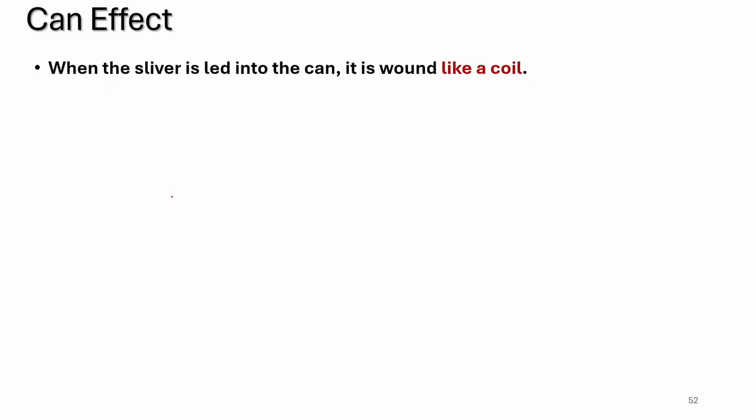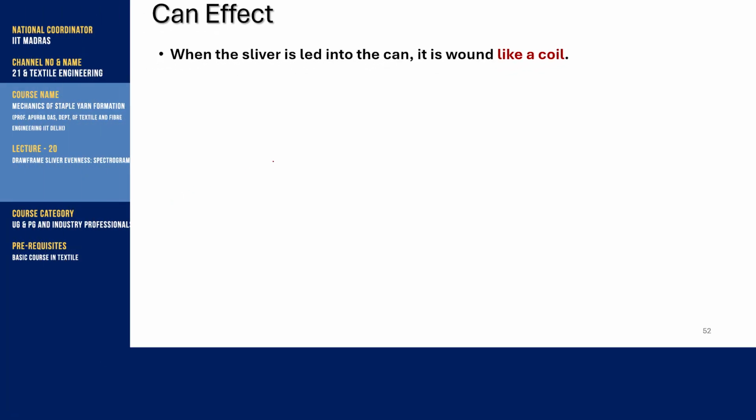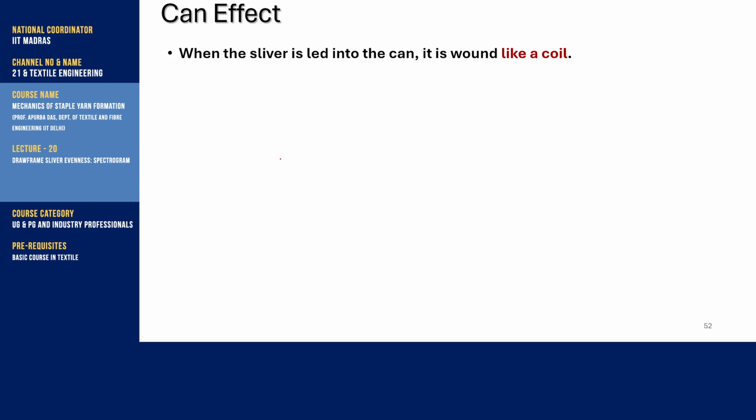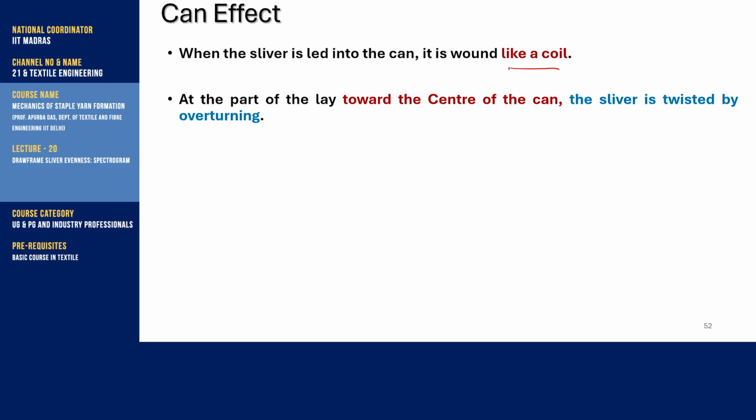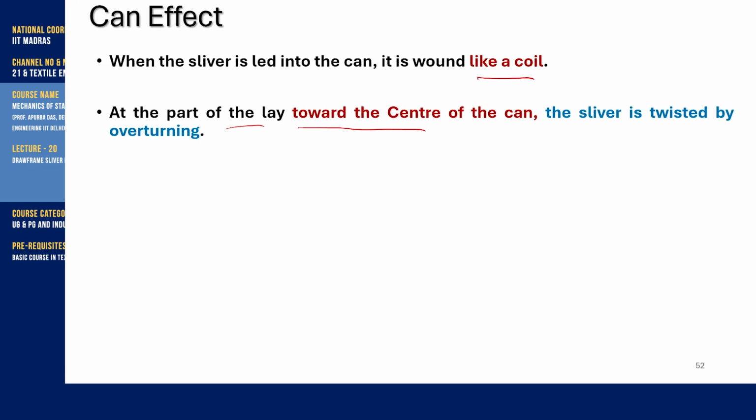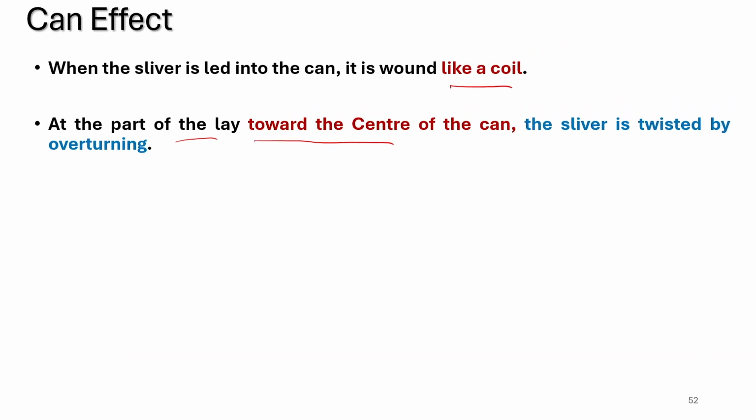And due to the can coiling, we also get a periodic fault due to stretching. When sliver is laid into the can, it is wound like a coil. We have discussed the coiling function. At the lower center part of the can, the sliver is twisted by the overturning.